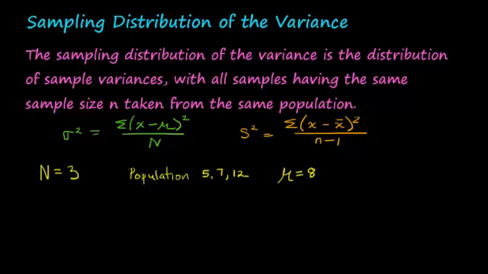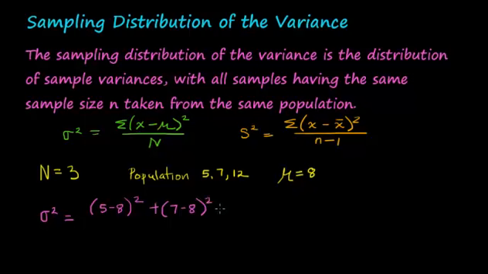So the population variance will be equal to each different possible value I could select from my population minus the mean squared. So we've got 5 minus 8 squared, plus 7 minus 8 squared.